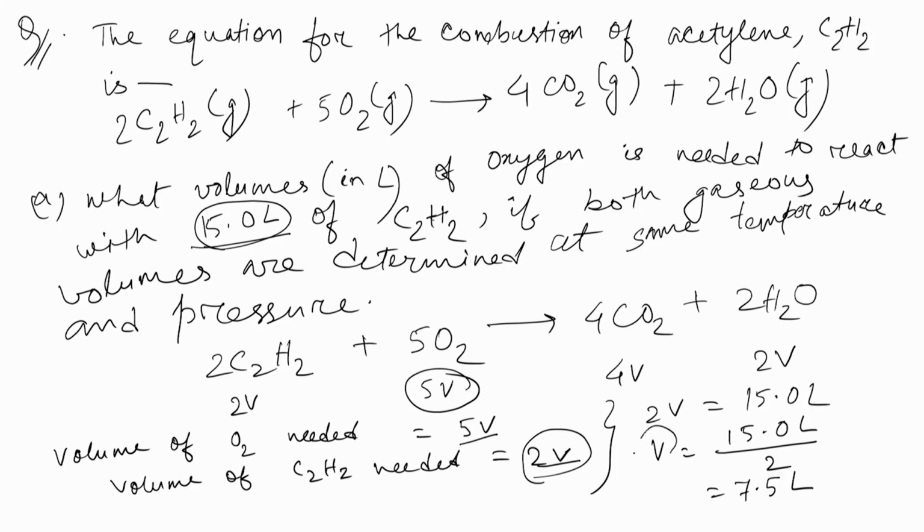So, this is the value of V. We are taking V as a common factor of the volumes of all of these gases present here. Now we have to mention that all these are gases. So V is the common factor, which is 7.5 liters. Now, the volume of oxygen needed is 5V.